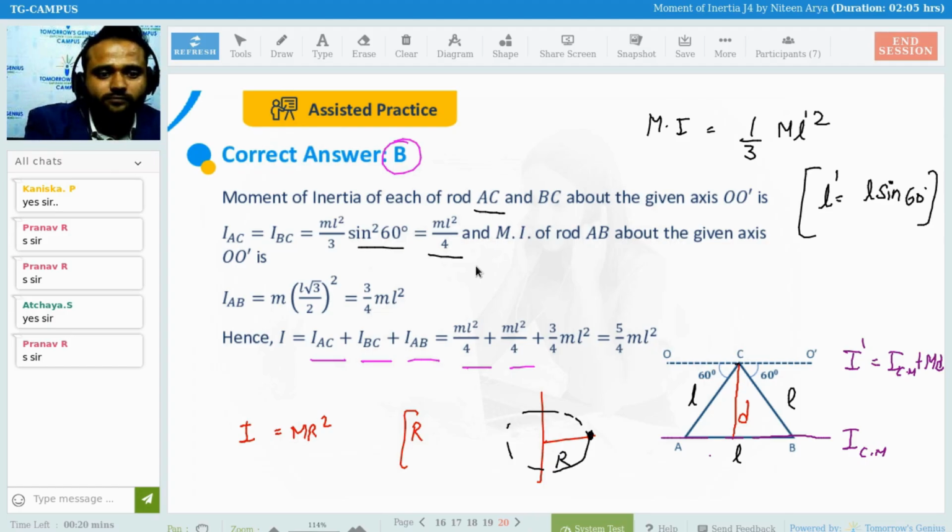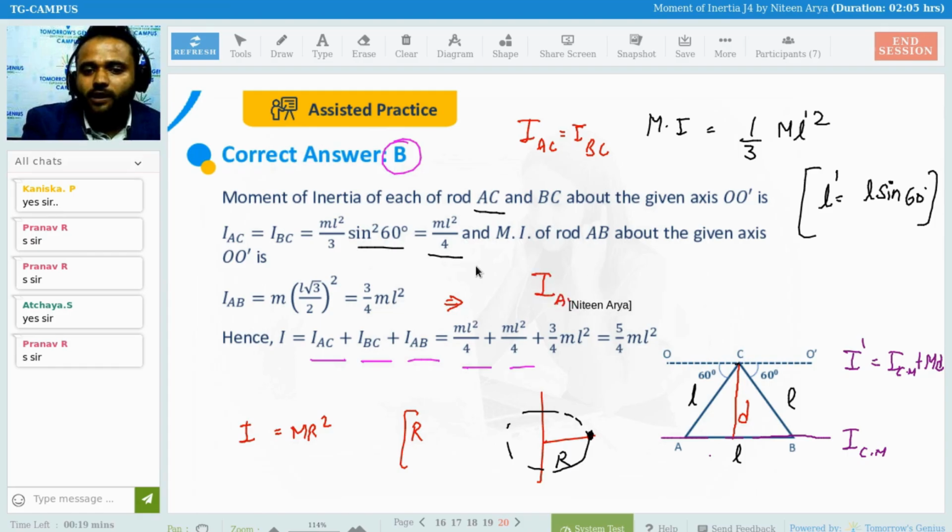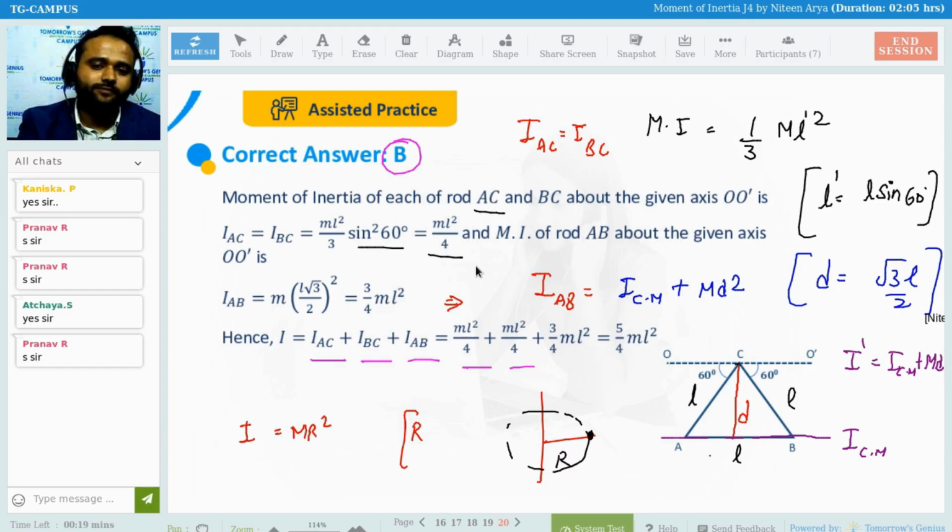For I_AC or I_BC, this is the formula I can apply. But for I_AB, I am going to apply the parallel axis theorem. So I_AB is I center of mass plus MD square, where D is nothing but root 3 L by 2. You can find it by yourself also.